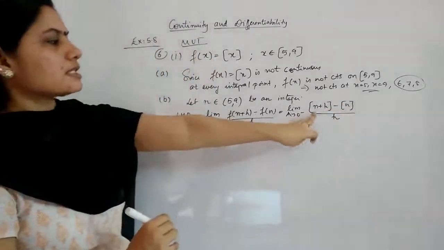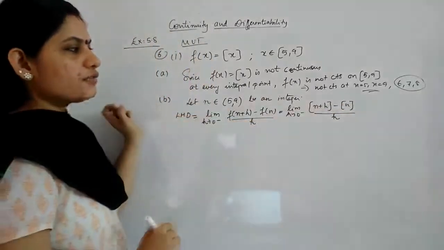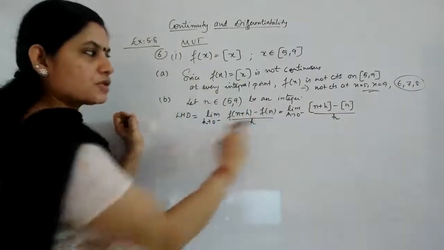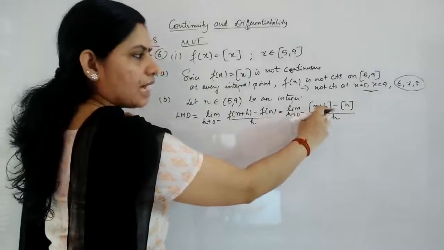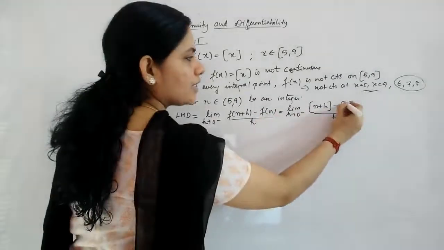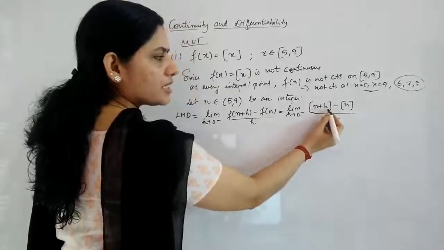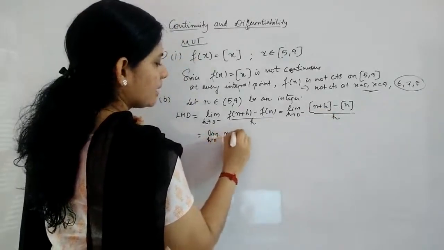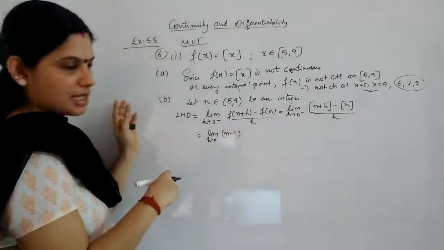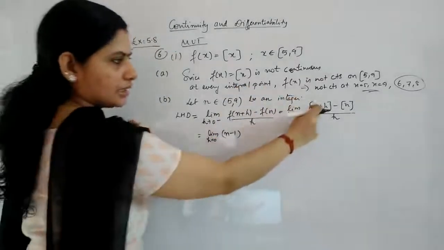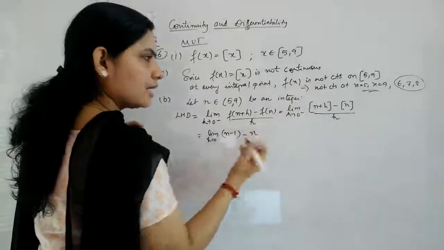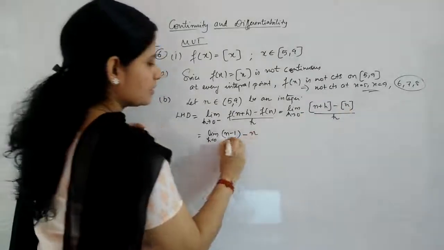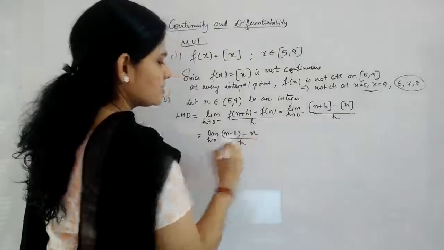Now we have already discussed the greatest integer of n plus h when h is tending from the left hand side of 0. Left hand side of 0 means it is n minus something, and for n minus something the greatest integer of n plus h is n minus 1, minus greatest integer of n, which is n because n is already an integer.